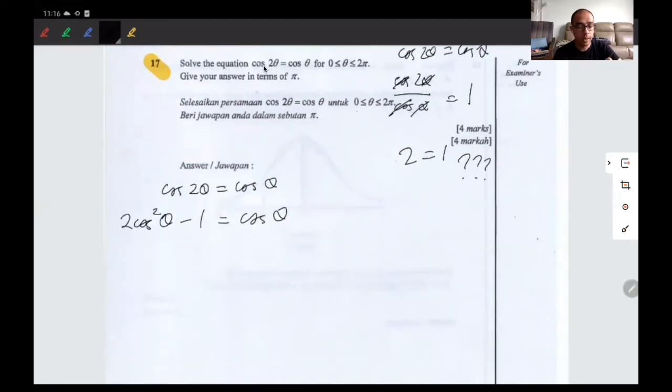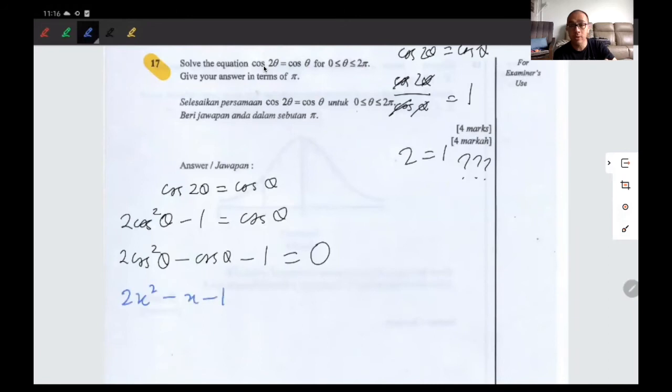Okay, so then I will get 2 cos squared theta minus cos theta minus 1 equals to 0. And when you see this you kind of know that this is a quadratic equation. So I am going to change this to 2x squared minus x minus 1 equals to 0, with x equals to cos theta.